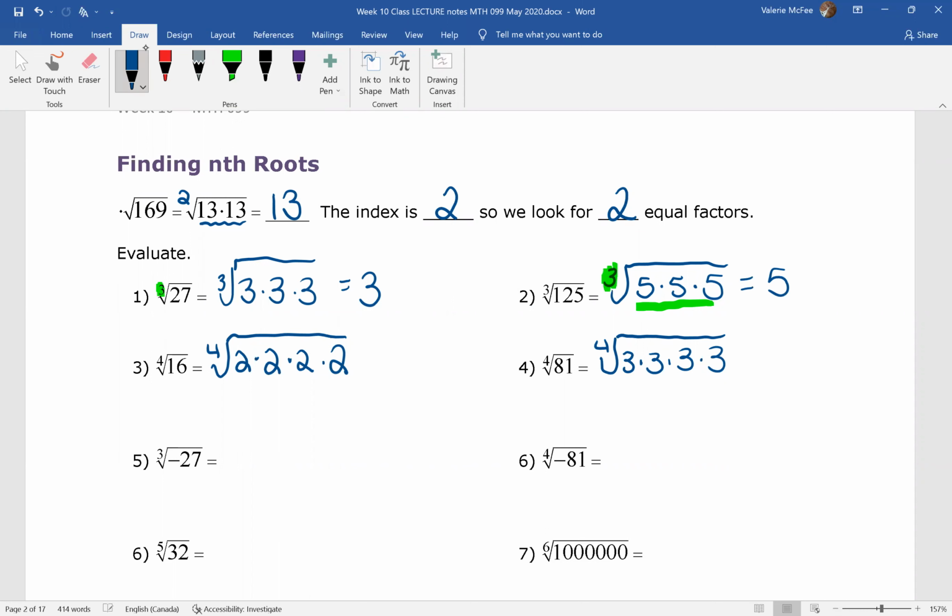This equals 5. In question 3, the index is 4, 4 equal factors. This equals 2. In question 4, an index of 4, 4 equal factors. This equals 3. Did you get those?